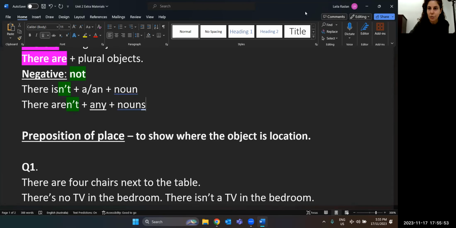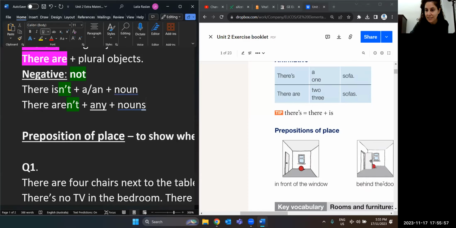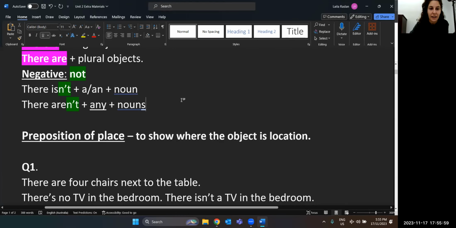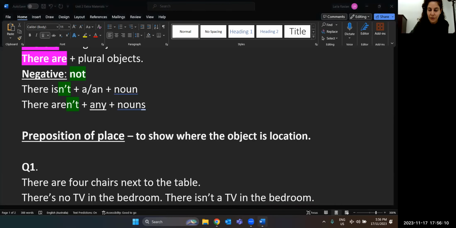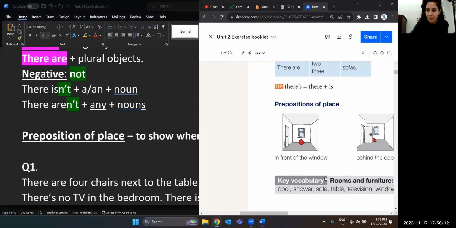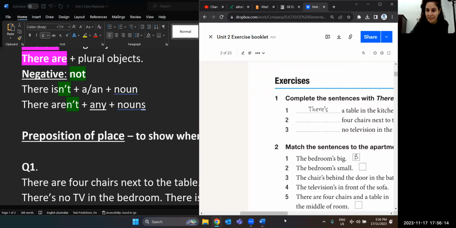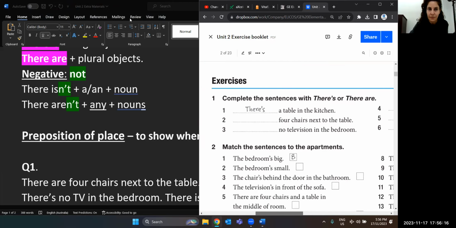Okay, then we looked at preposition of place. So I can see in the extra materials, preposition of place, again, it shows us where the object is in the place, its location. So we have some exercises. Let's have a look.